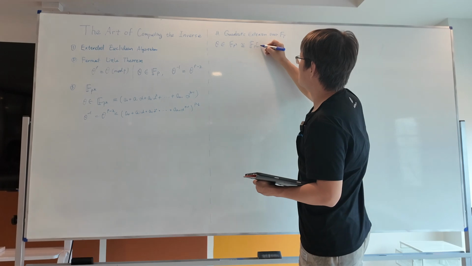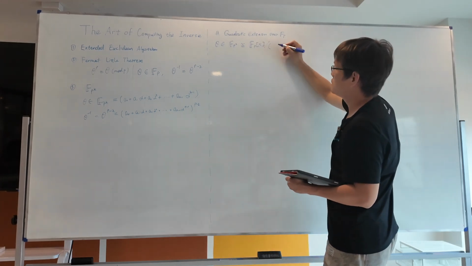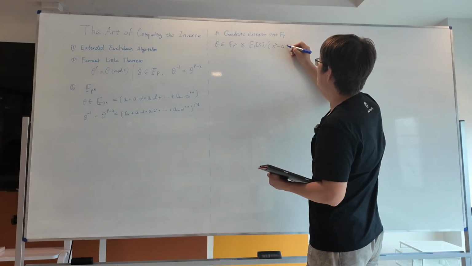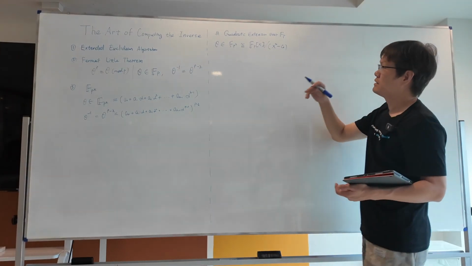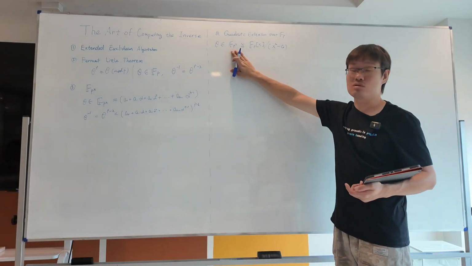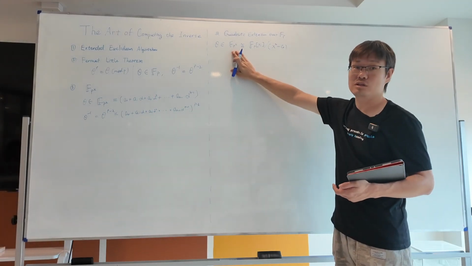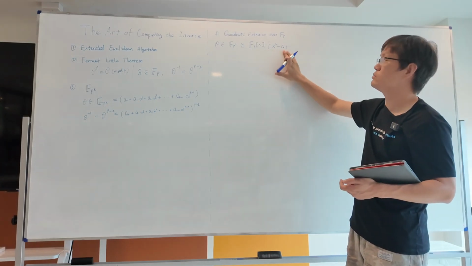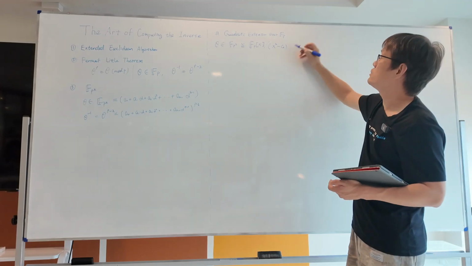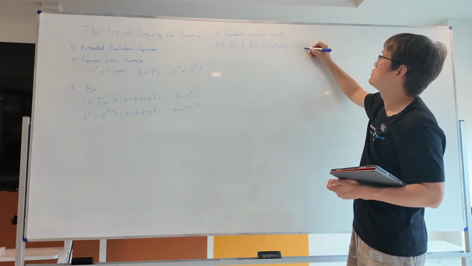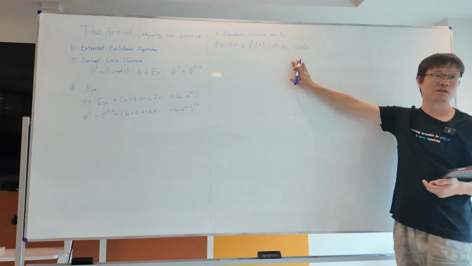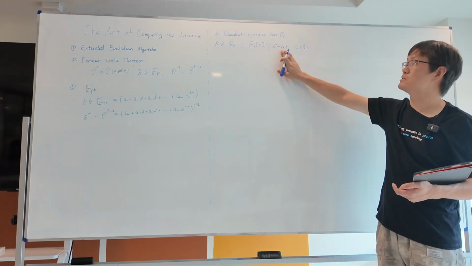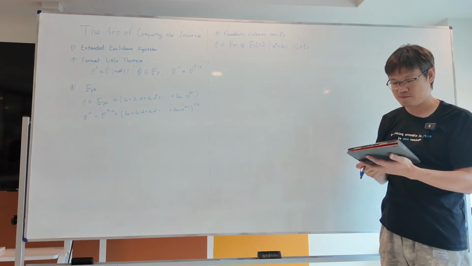We can construct this quadratic extension field F_p squared using the irreducible polynomial x squared minus c0. Here c0 is an element from F_p. Please keep in mind that x squared minus c0 is an irreducible polynomial.